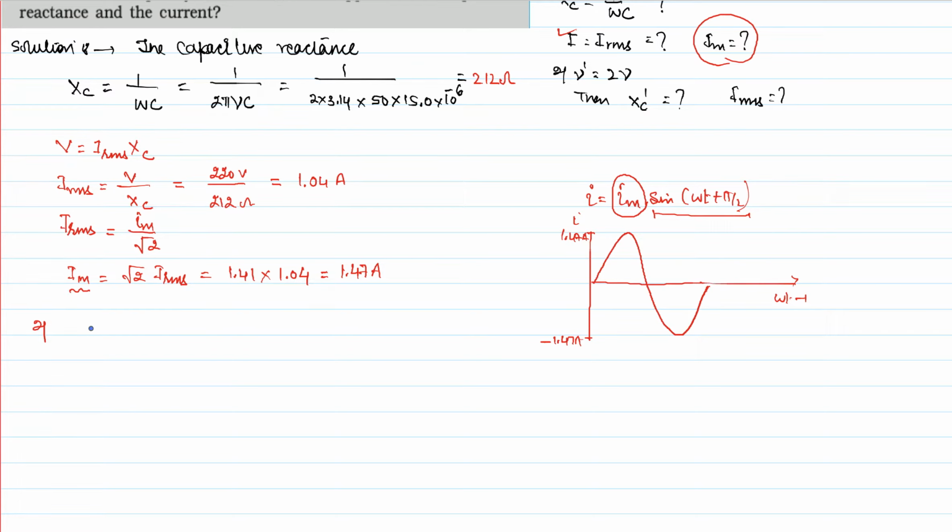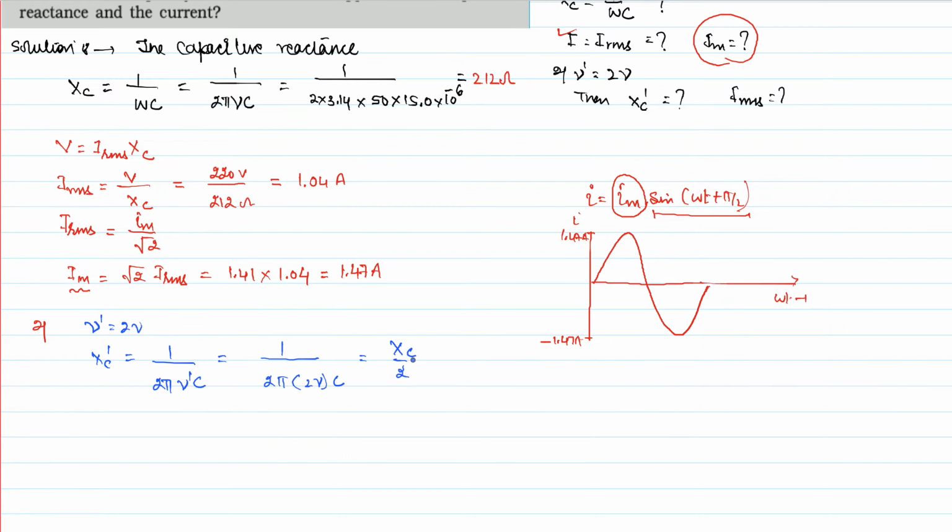Now the next part of the question: if the frequency is doubled, it is 2 times nu. Then use the relation XC prime is equal to 1 upon 2 pi nu prime, which is 1 upon 2 pi times 2 nu into C. So this is equal to XC by 2.